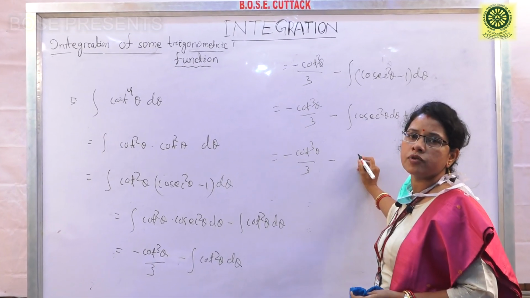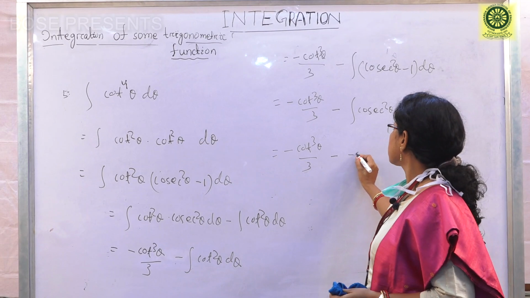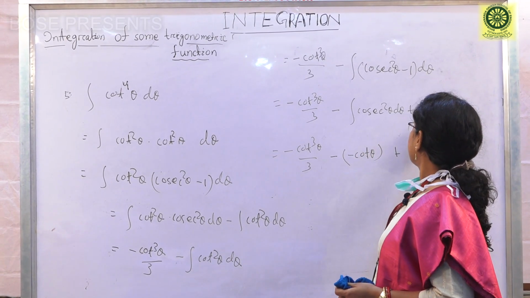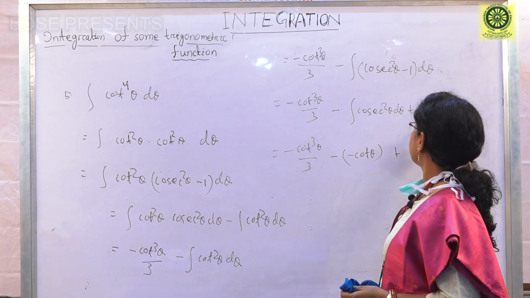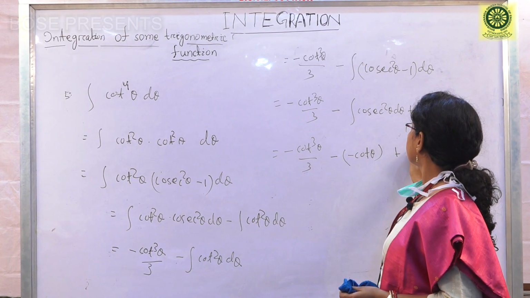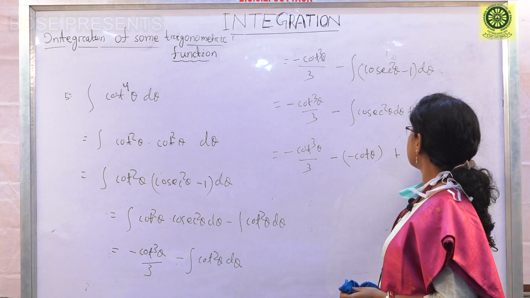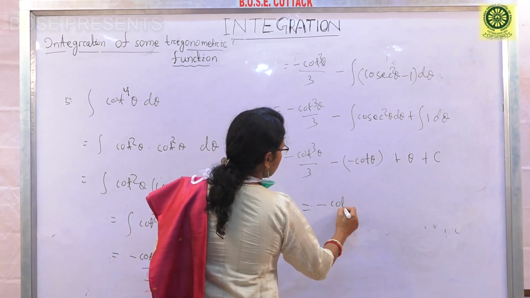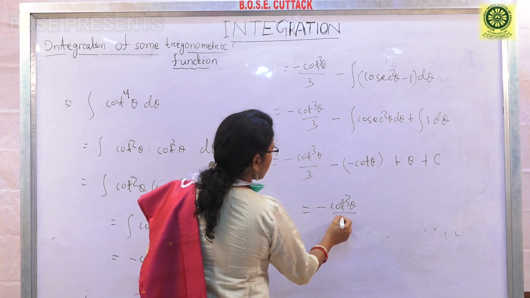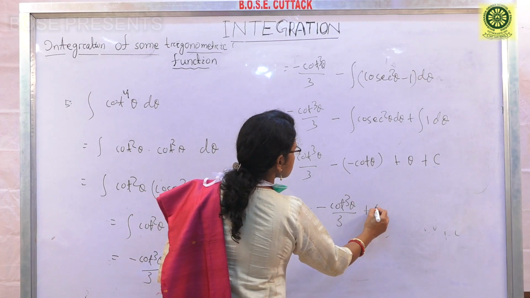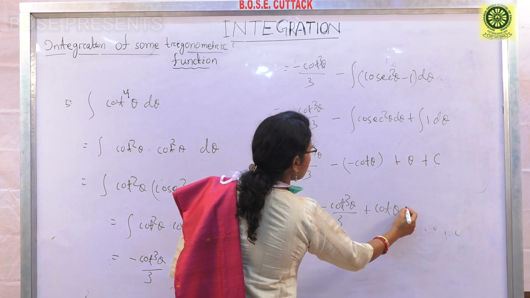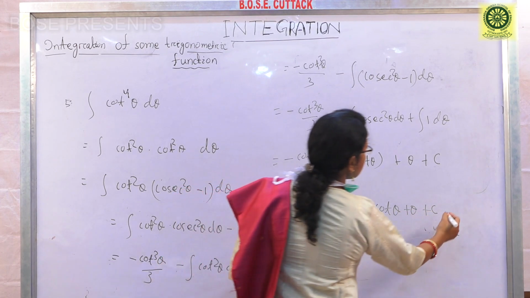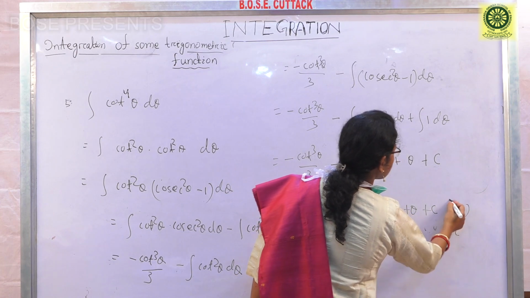The integral of cosec square theta is minus cot theta, and the integral of 1 is theta plus the integrating constant. By simplifying this, you get minus cot cube theta by 3 plus cot theta plus theta plus c. This is your required answer.